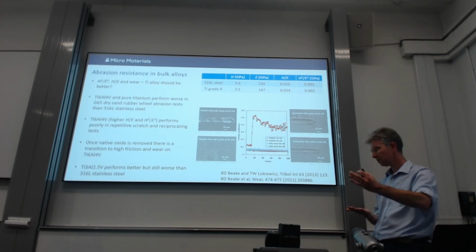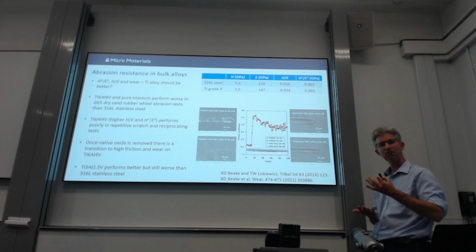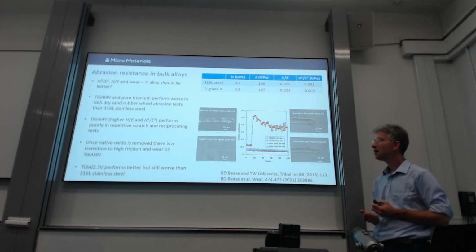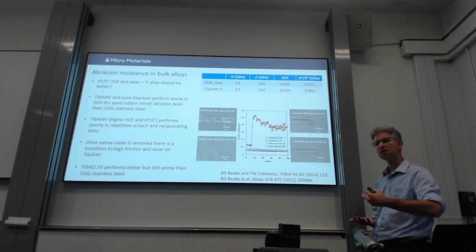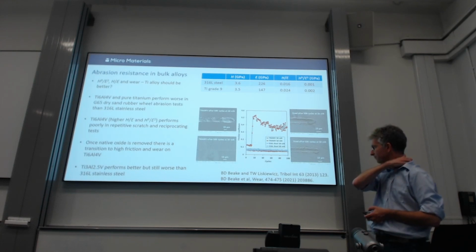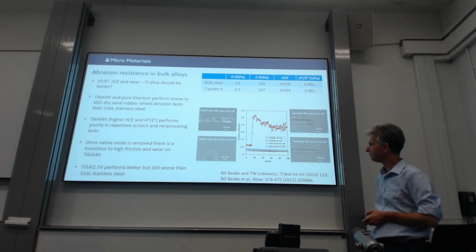So if we do some sort of scratch test, wear test, tribological test, sooner or later we will remove those oxides, and then we get the transition to the higher wear regime. The oxide is slightly different anyway on titanium 6-4. It's quite easily removed on titanium.